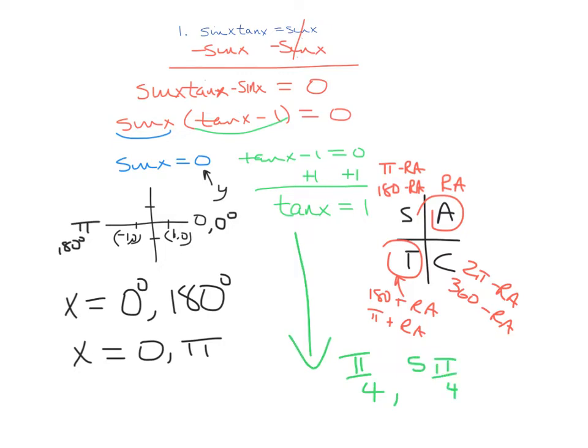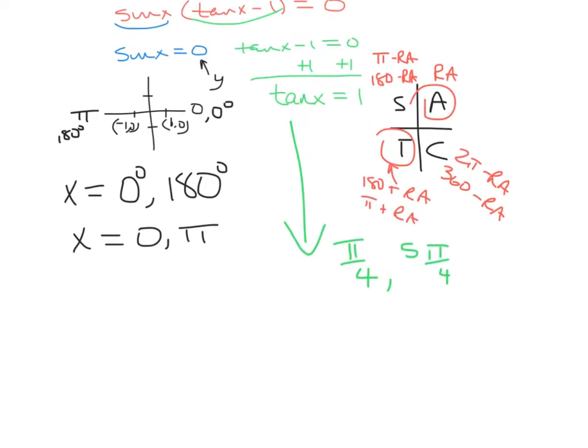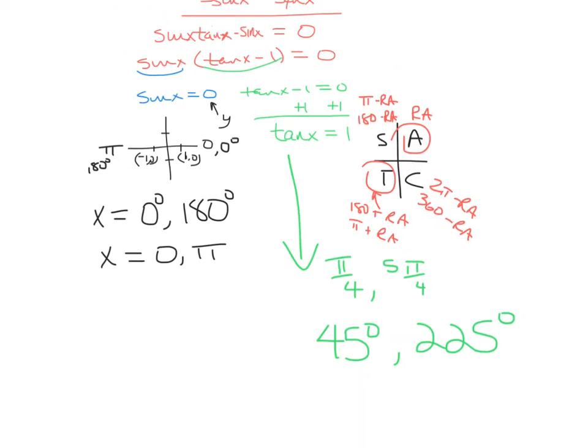Now, if I were doing it in degrees, again, the reference angle is 45, and 45 plus 180 is 225. So we're pulling back all of the things that we did in Chapter 5 and Chapter 6. Again, you should memorize that the tangent of 45 is 1.